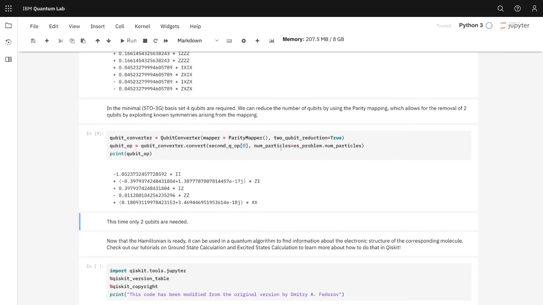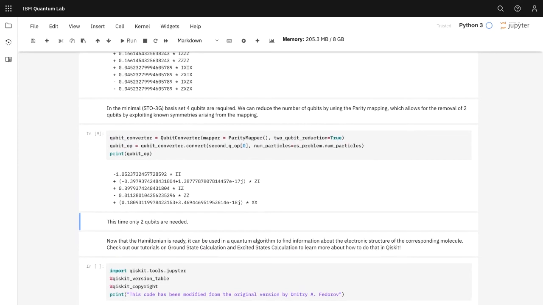Here we set up the electronic structure problem, we performed Hartree-Fock and computed 1 and 2 electron integrals. That all was done by the PySCF electronic structure program. And then we used the different mappings to map the fermionic problem to the qubit problem.